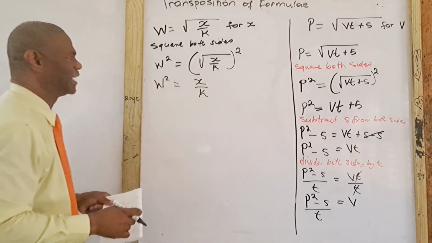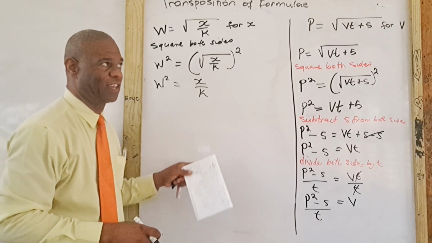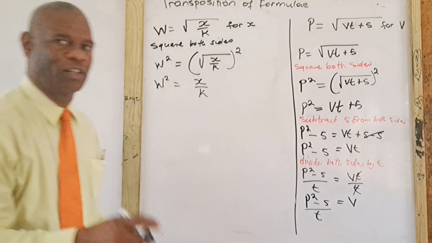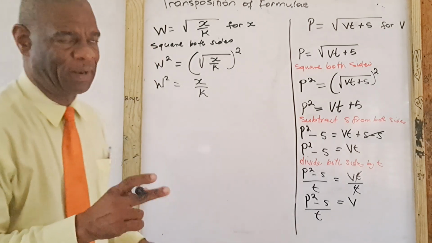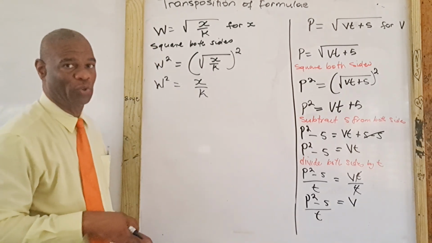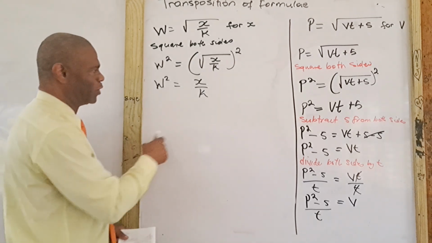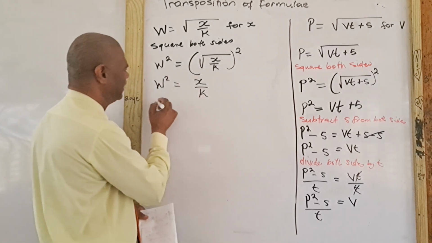We want to make x the subject, so we must get rid of k. This is now saying x divided by k. To undo division, we must multiply. And we say whatever we do to one side, we must also do it to the other side. Alright, and so we are going to multiply both sides by k.